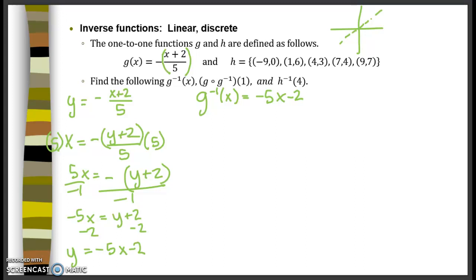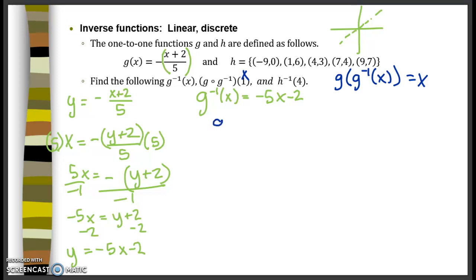Okay, now it says to find g of g inverse of 1. Now remember, if this was x, and I know their inverses, g of g inverse of x is just going to equal x. So this should equal 1, but let's look.